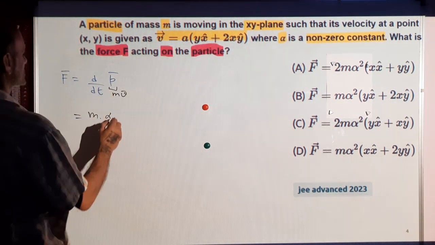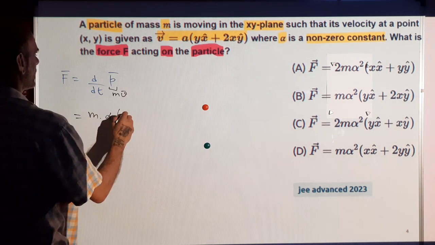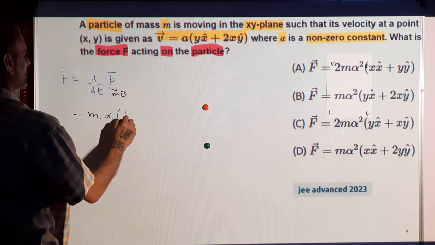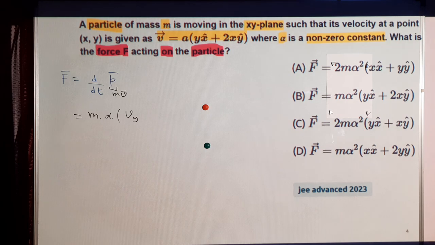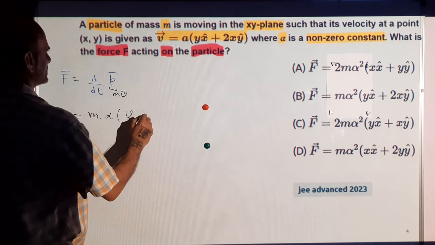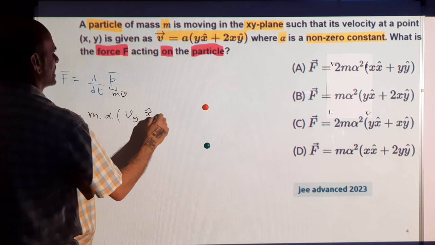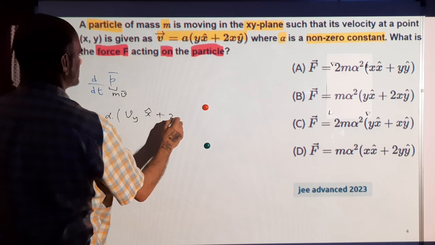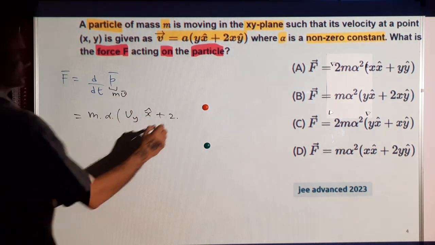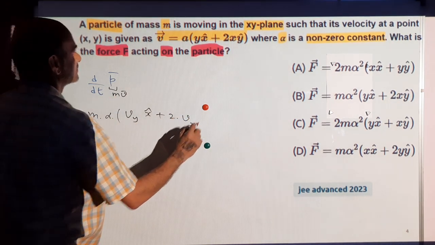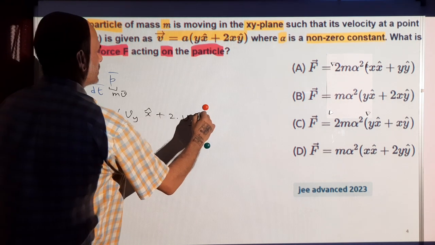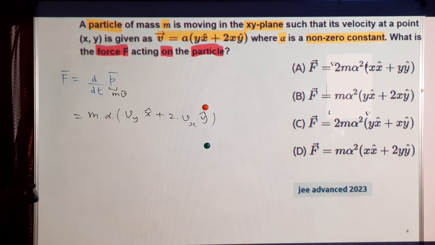So d by dt of this quantity: dy by dt, which is the y component of the velocity, x cap, plus twice dx by dt, which is the x component of the velocity, into y cap.